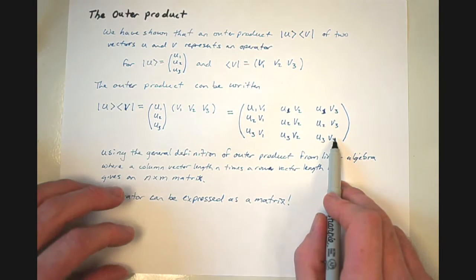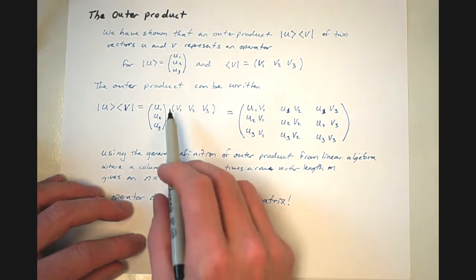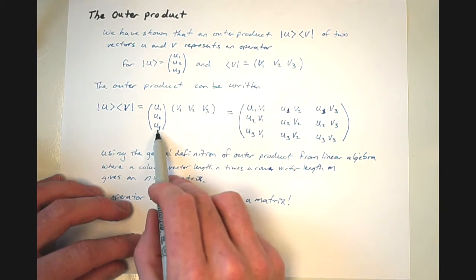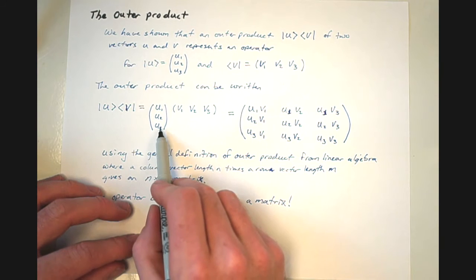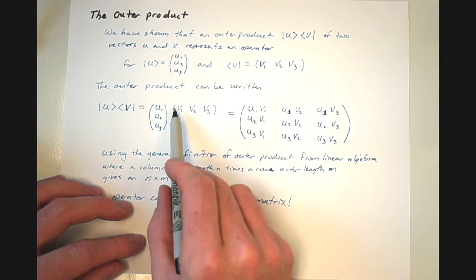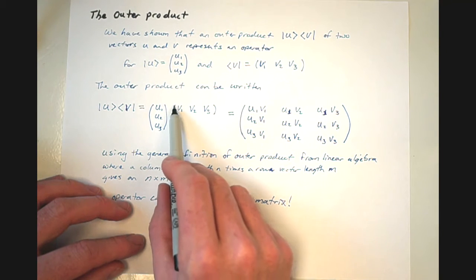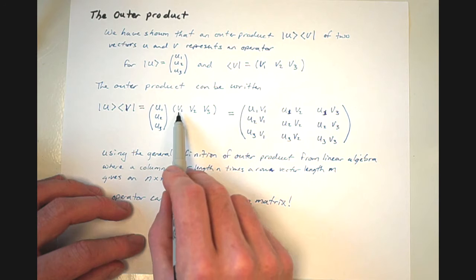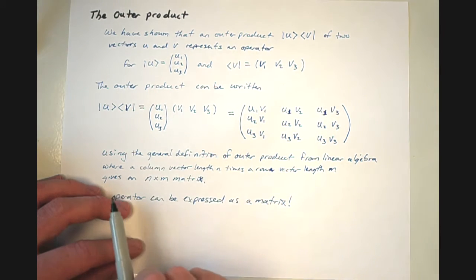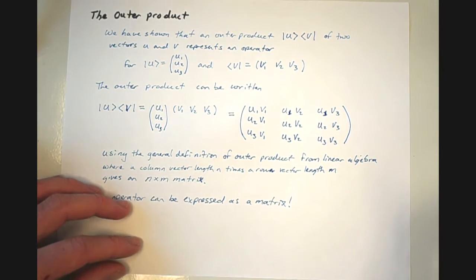So when we multiply a column vector of length n and a row vector that in this case has the same length of n, we get an n by n matrix.